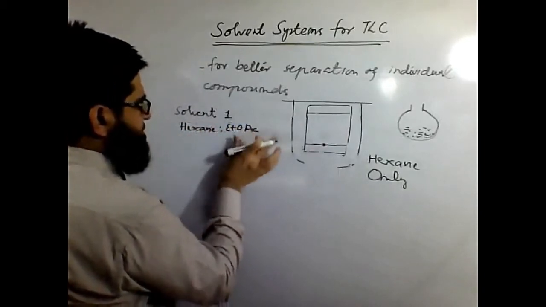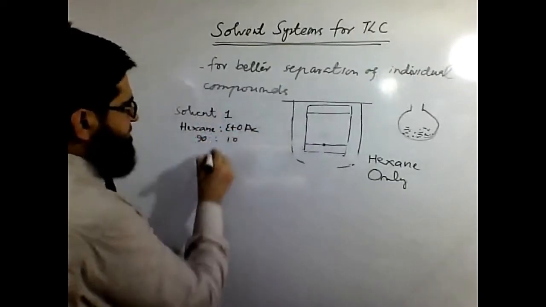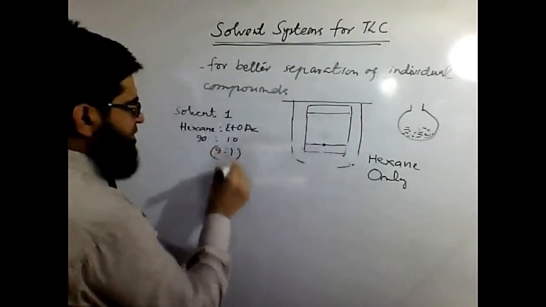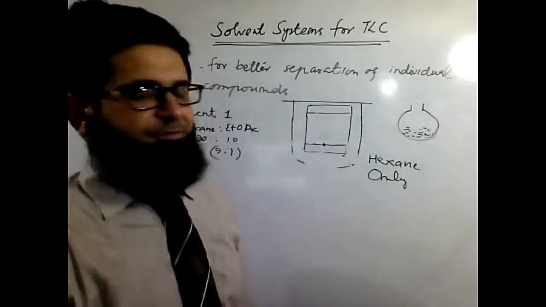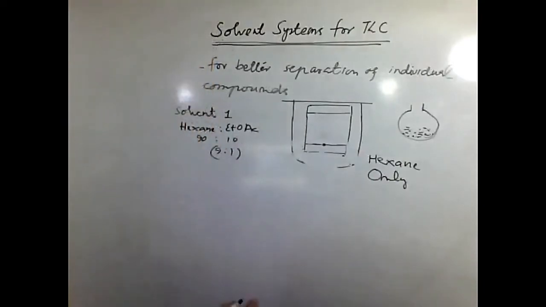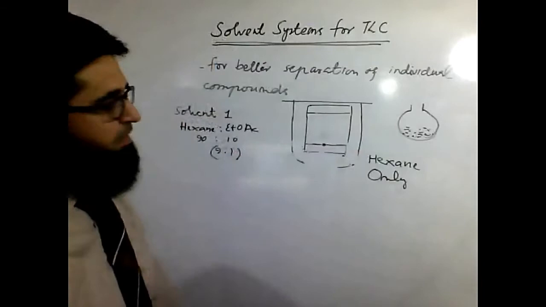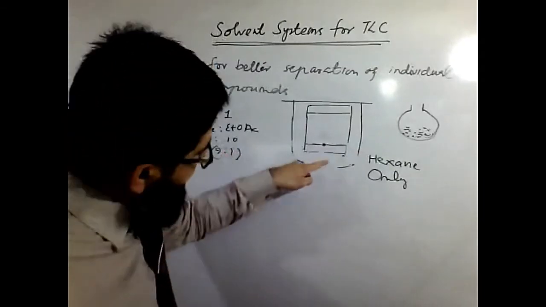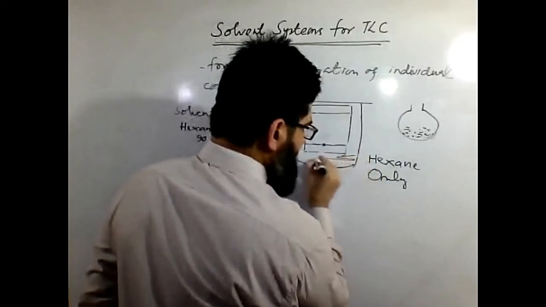We bring 90 ml and 10 ml, mean it's a 9:1 ratio. New solvent has been produced. We have prepared this one. We can use this as a solvent system. We will put this one now into the beaker.